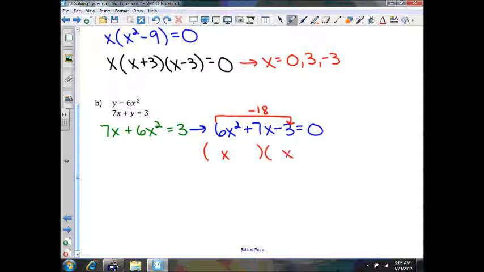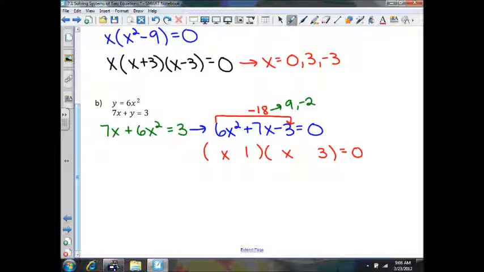The thing is, we need to figure out what we need here. Well, my only factors of 6 are 3 and 2, or 6 and 1. So we can put those like that. Now we have to figure out signs. Well, I need a positive 9 and a negative 2.